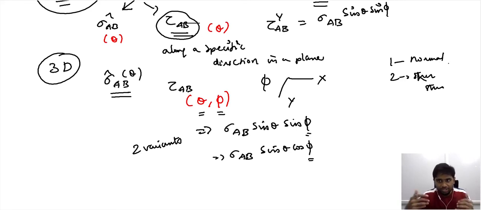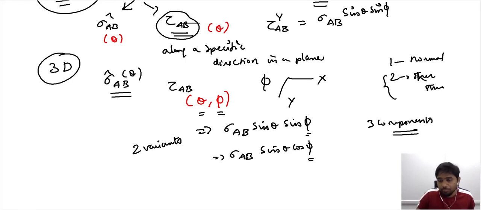One is the normal component, and the other two are the shear components, and these two shear components help us describe the shear stresses the surface experiences in a definite direction. So in a three-dimensional case, an inclined plane has three components of stress associated with it.